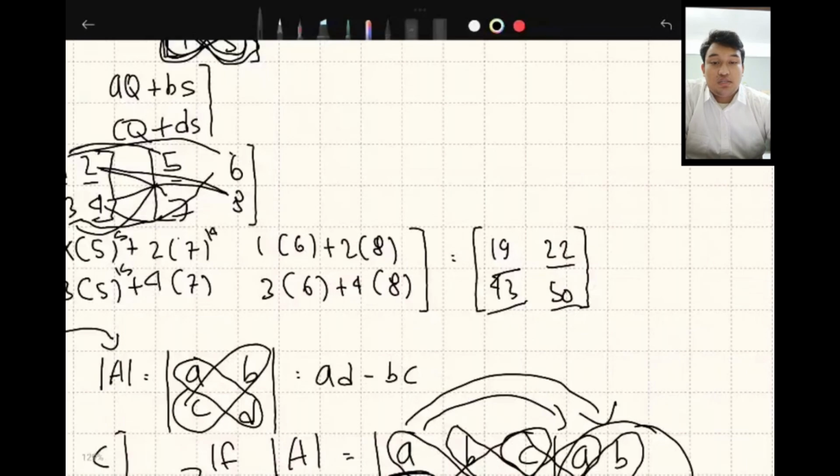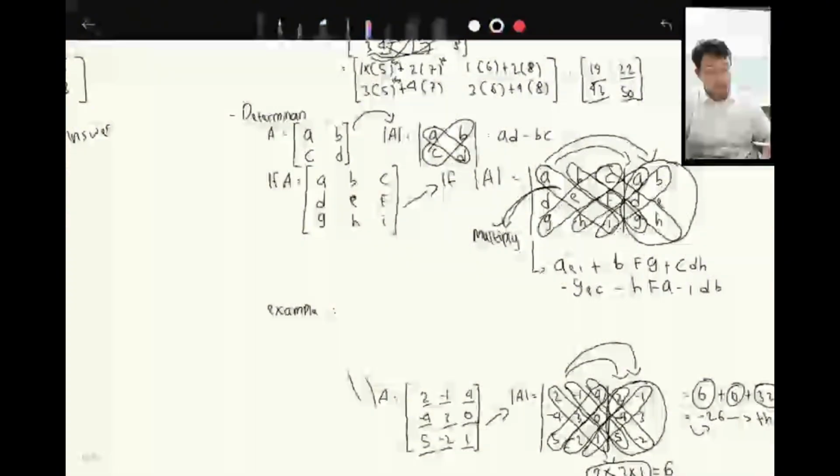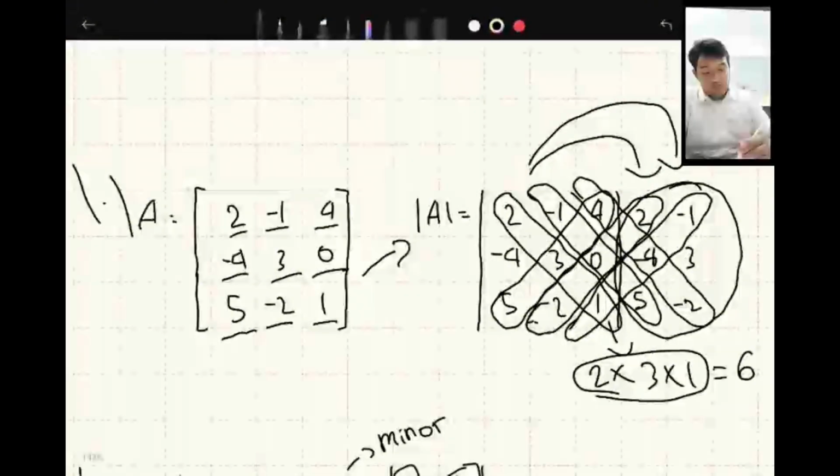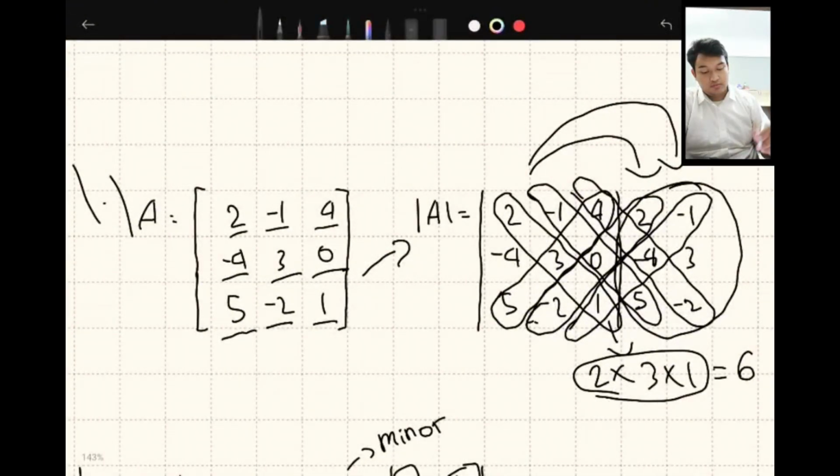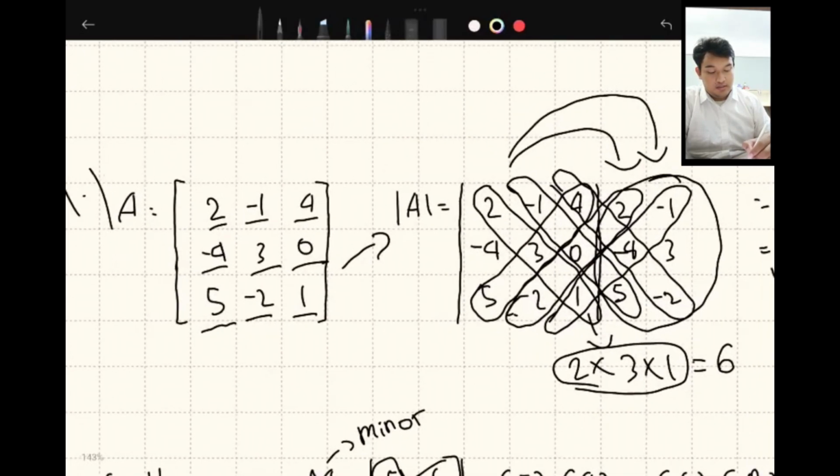For 3 by 3, actually we only move the second column in front to the back. Example, a determinant.